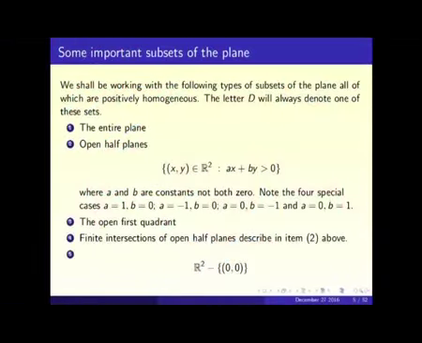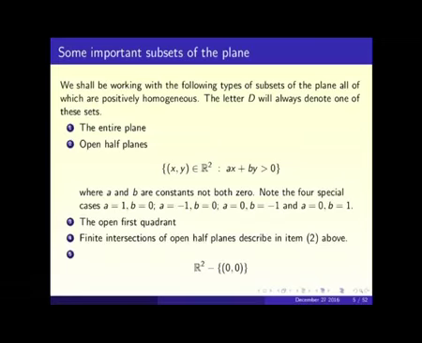So what kind of domains are we going to be looking at? Mostly the entire plane. Many examples will have the entire plane as the definition. Open half planes, like the last example that you saw, where square root of x cube minus y cube appears. So you need to look at half planes. The open first quadrant, this is a very important example, and finite intersections of open half planes described in item number 2 above.